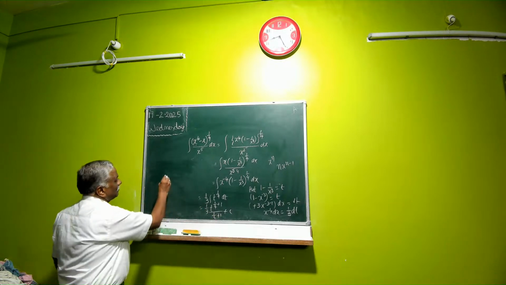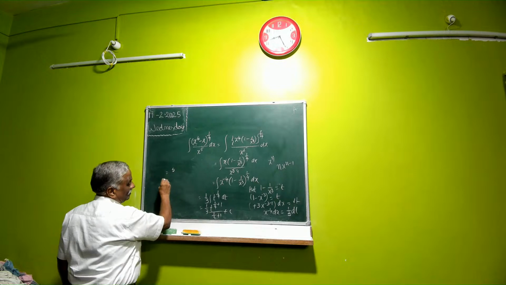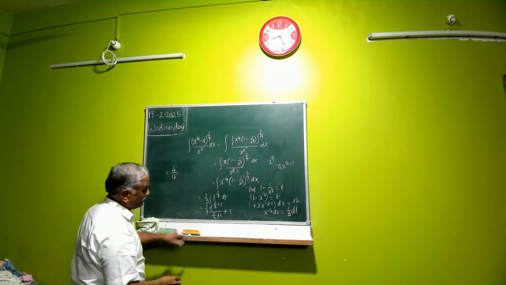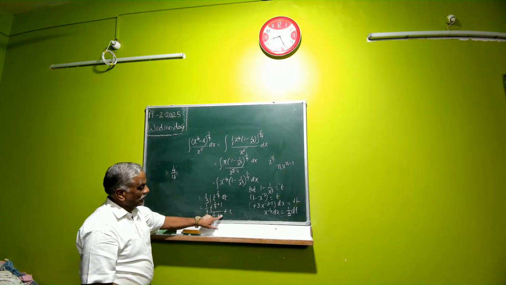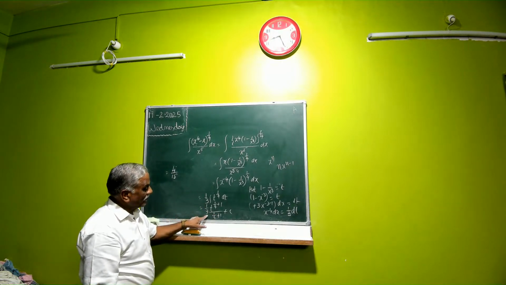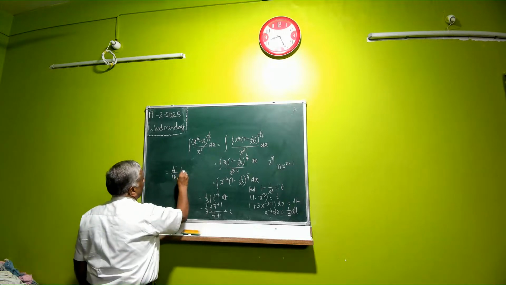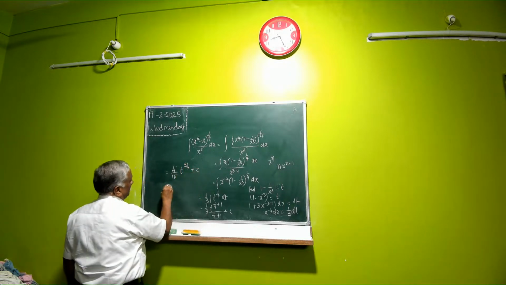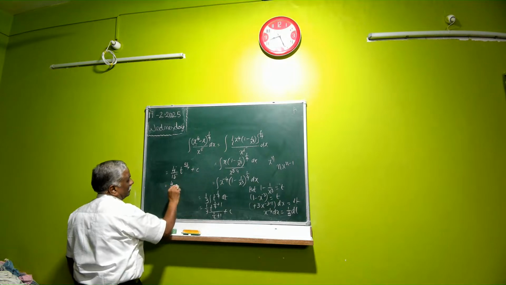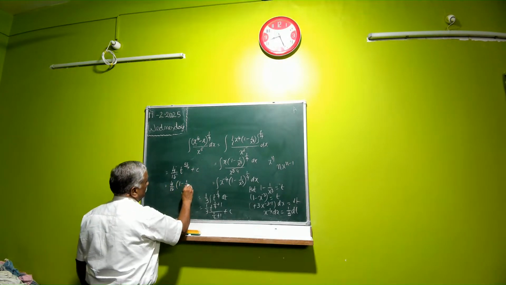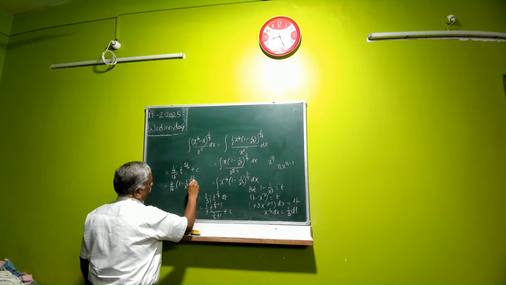So it is 4 by 15. You understand this? 1 plus 1 by 4 is 5 by 4. 4 will go to the numerator, 5 gets multiplied. T to the power of 5 by 4 plus c. That is 4 by 15. What is t? 1 minus 1 by x cube to the power of 5 by 4.